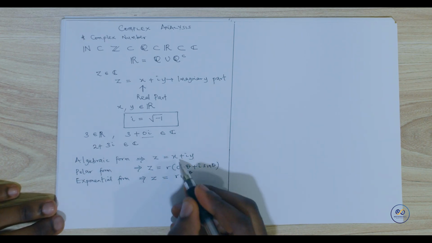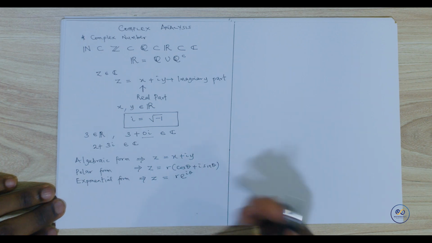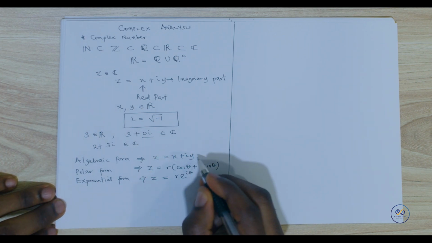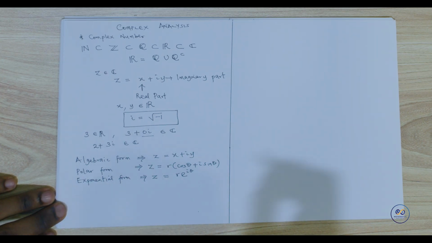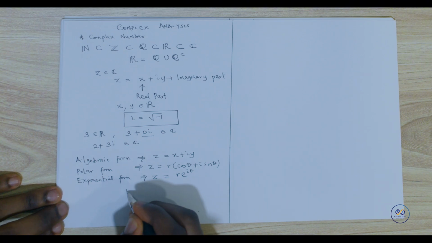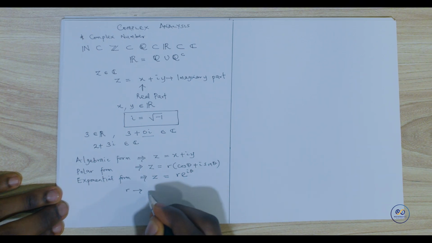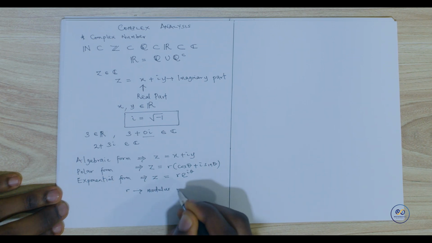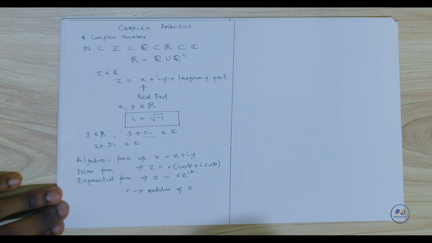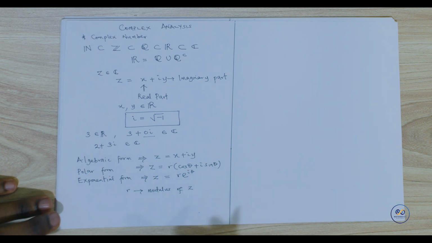Of course, we know what x and y are. x stands as the real part, which is a real number, and y stands as the imaginary part, which is also a real number. Now, for r and θ, what exactly do they stand for? r is called the modulus of z, which is also called the radius of the domain formed by z.